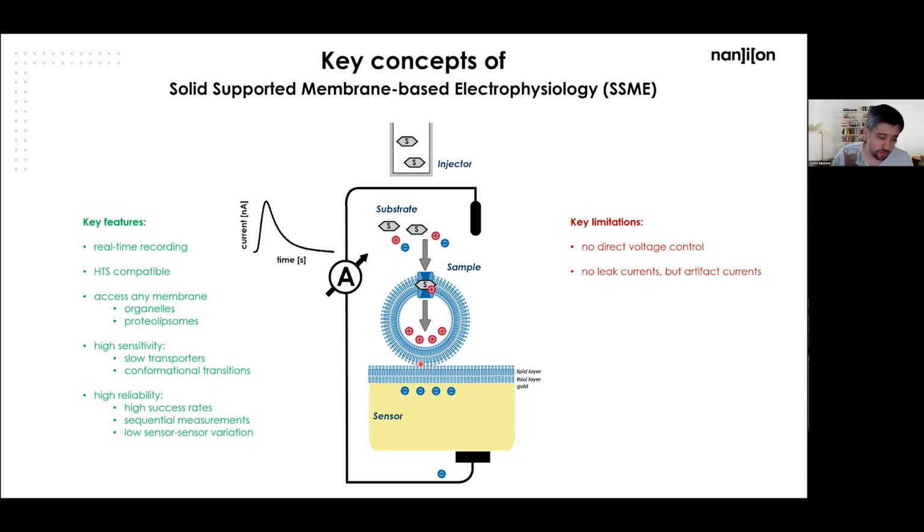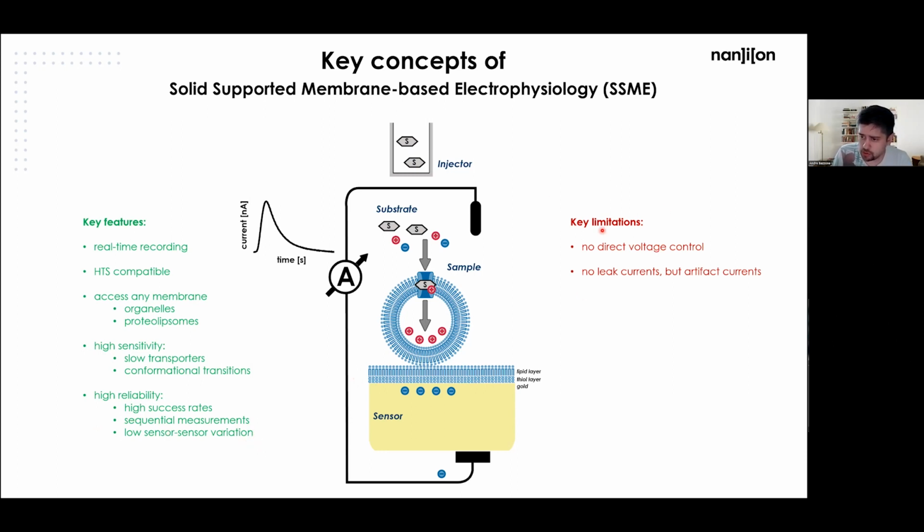So you can perform like 20 measurements in a row, and you will get very reproducible currents over that time period. And last but not least, the sensor-to-sensor variation is also quite low, so you can compare currents also across sensors.